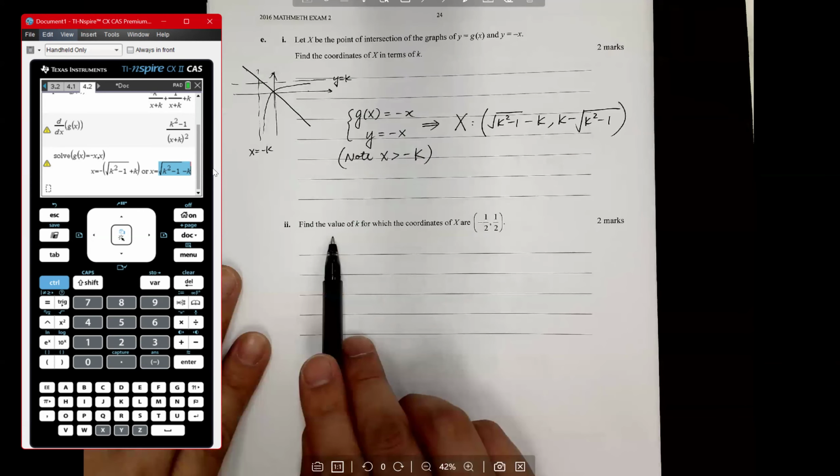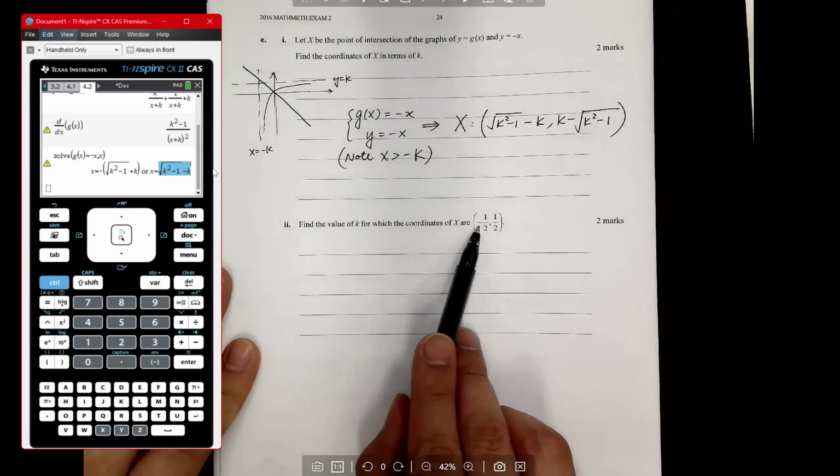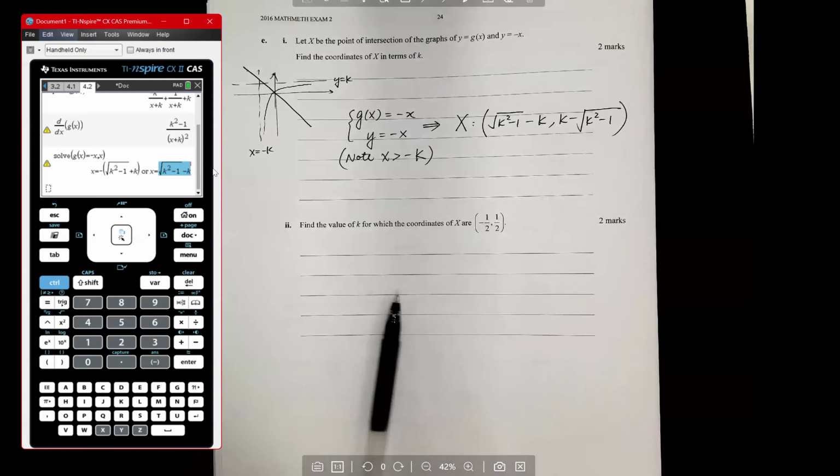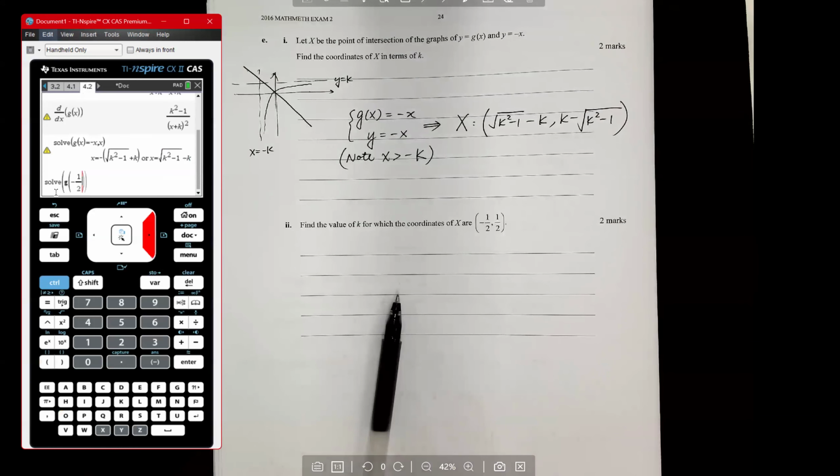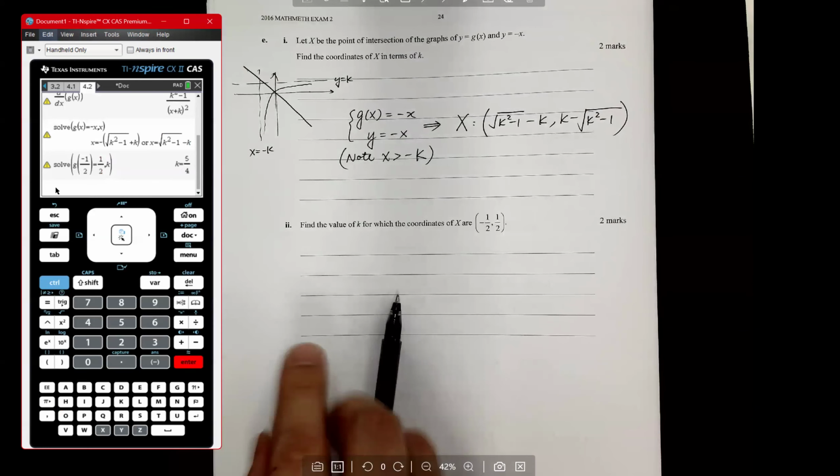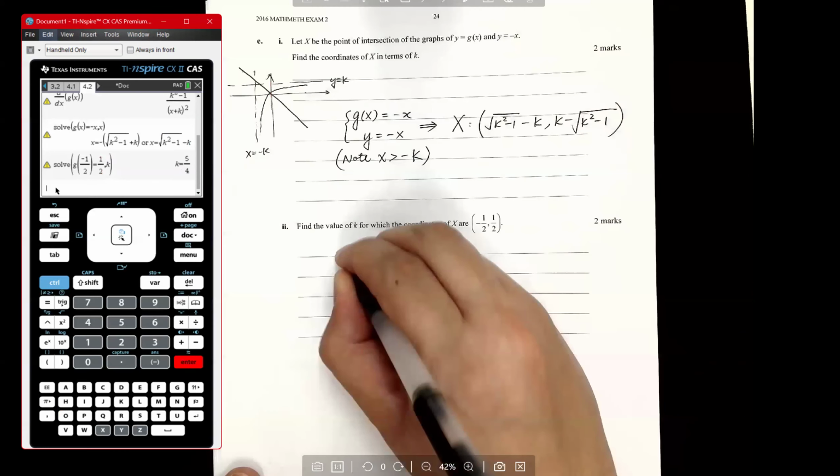And find the value of k for which the coordinates of X are minus half and a half. You can just substitute minus half and a half into the expression. So solve g of minus half equals half. You get k equals 5/4, okay?